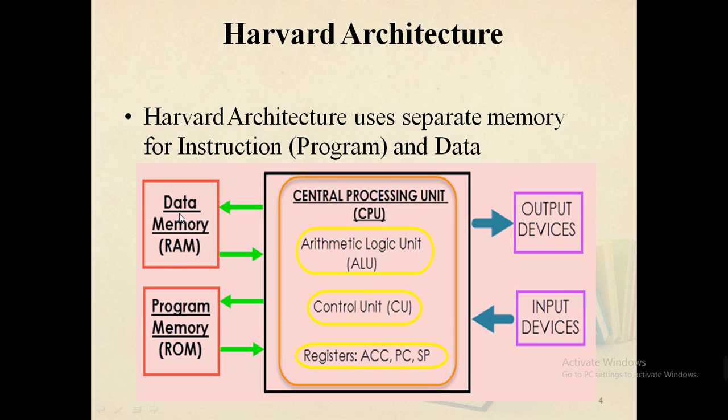Since the instruction memory and data memory are separate in Harvard architecture, their signal paths, that is buses, are also different, and hence the CPU can access both instructions and data at the same time. Almost all microcontrollers, including the 8051 microcontroller, implement Harvard architecture.